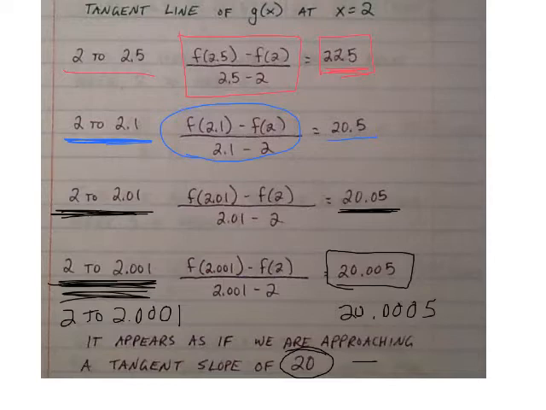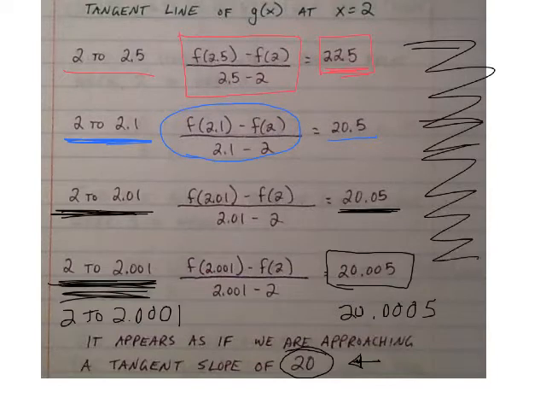In fact, later on, we will learn how to prove that it is exactly 20. So our secant line approximation was used to estimate the value of 20, and we're not too far away from proving that the value actually is 20.